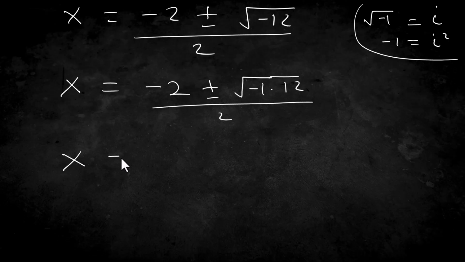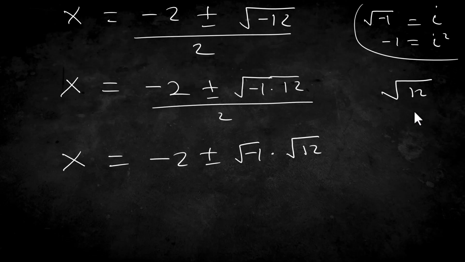So we have the square root of minus 1 times the square root of 12. Now the square root of 12 is the same as the square root of 4 times 3, so that would be 2 root 3.